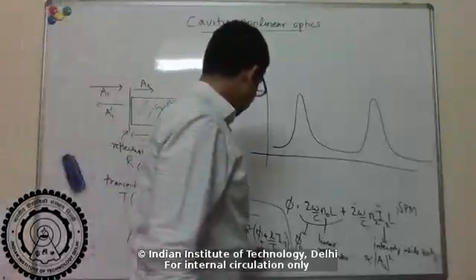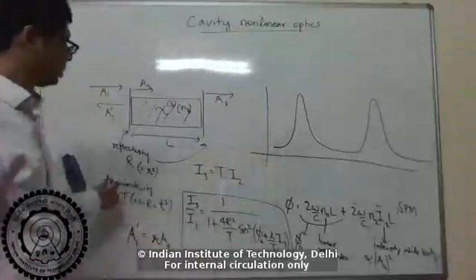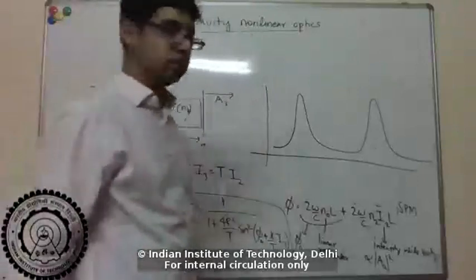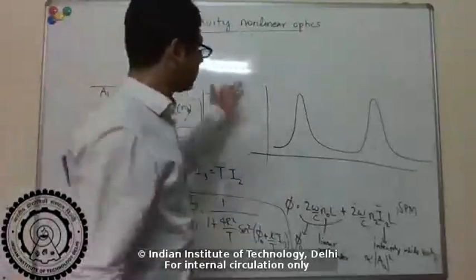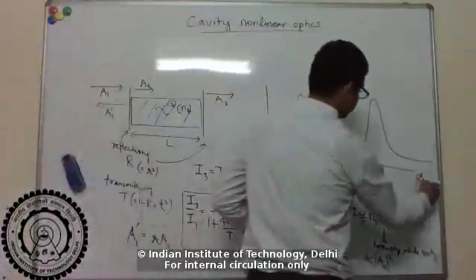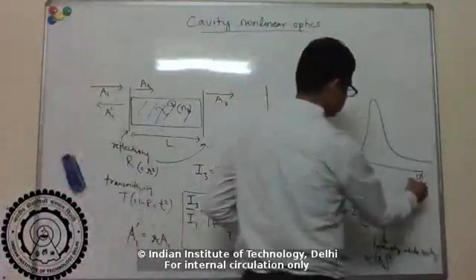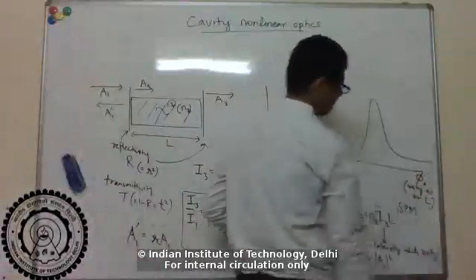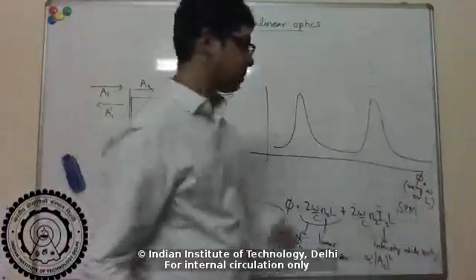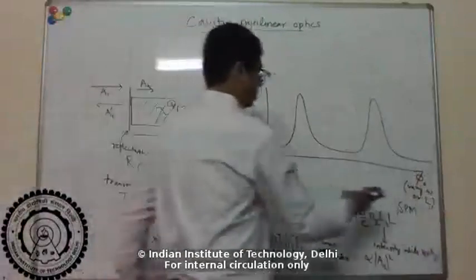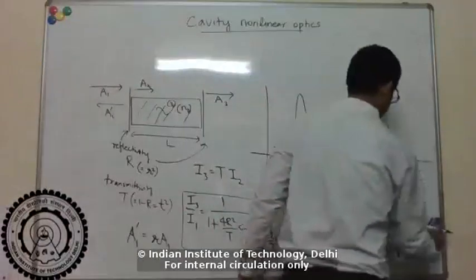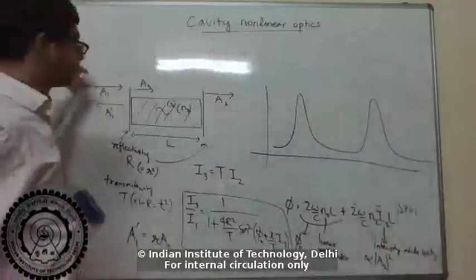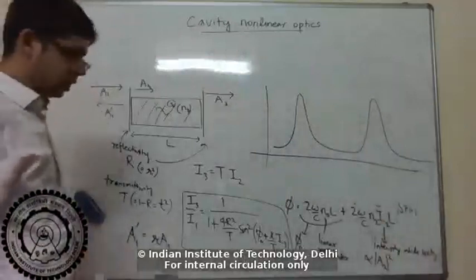Now, in the nonlinear case, what we can do is, let's say we keep the frequency and the length of the cavity fixed, right? So usually in the linear case, the x-axis is phi naught, which is you vary either frequency or length, and you get these peaks. So now in this nonlinear case, what we'll do is we keep the frequency and the length of the cavity fixed. We just change the input intensity. Okay.